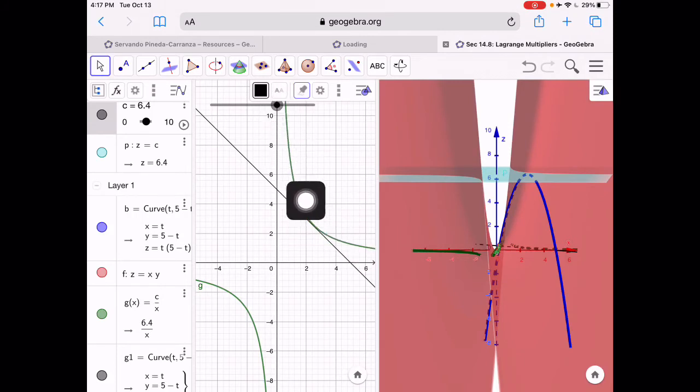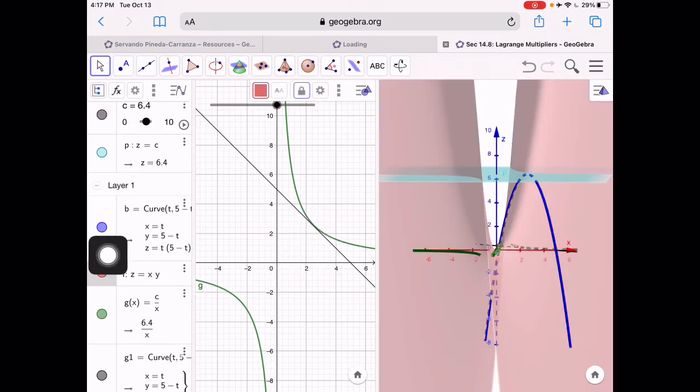So when the area function's level curve is tangent to the constraint curve, that corresponds to the point where I have maximal area. If we can find the coordinates of the point where they intersect, that will give me the dimensions x and y that produce the maximal area.